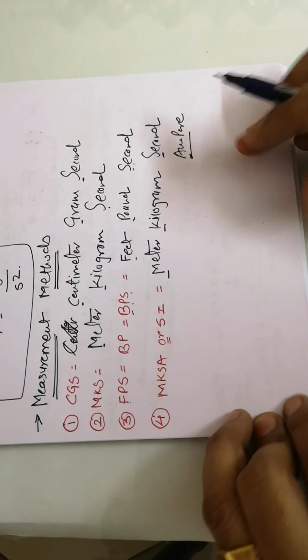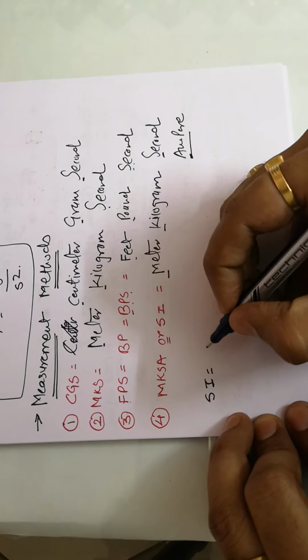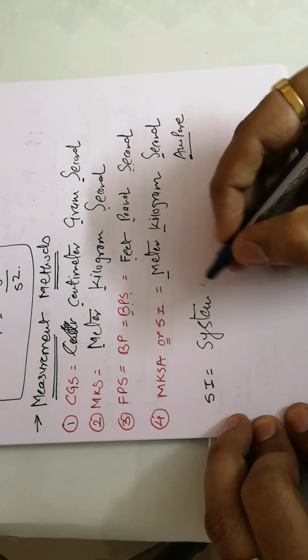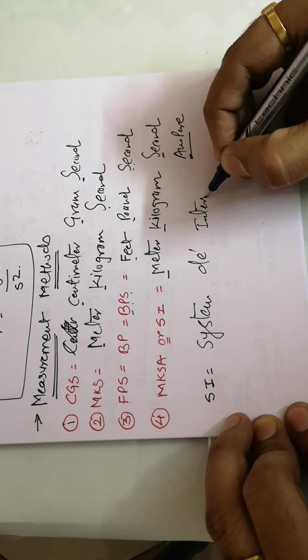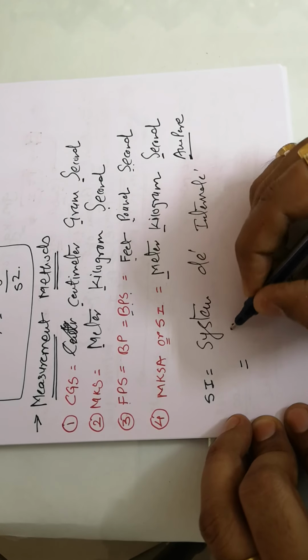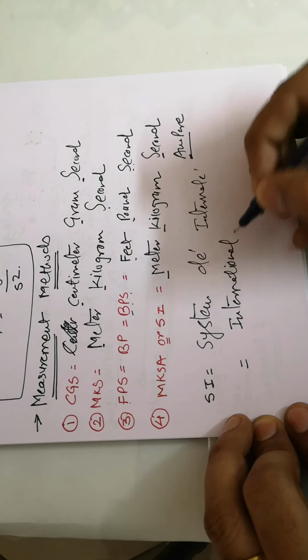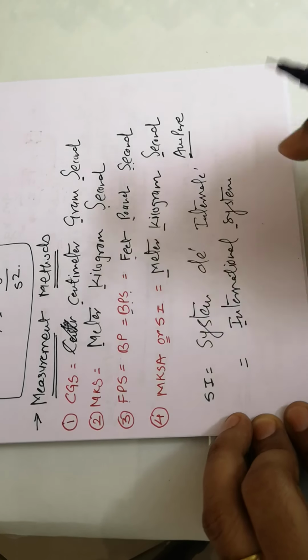MKSA, with the common name SI, has a French origin. It is called système international, but for our understanding we will just say international system of measurement. It is called the SI system.